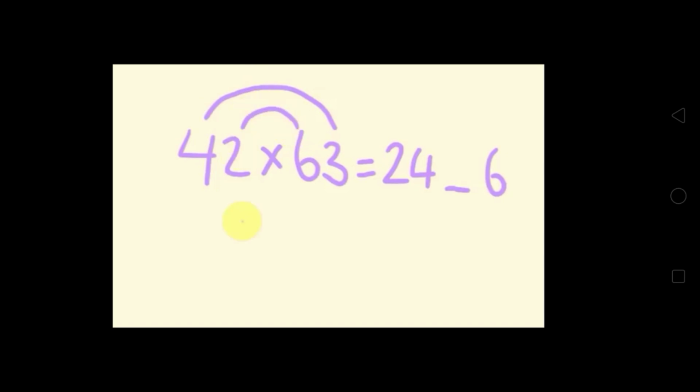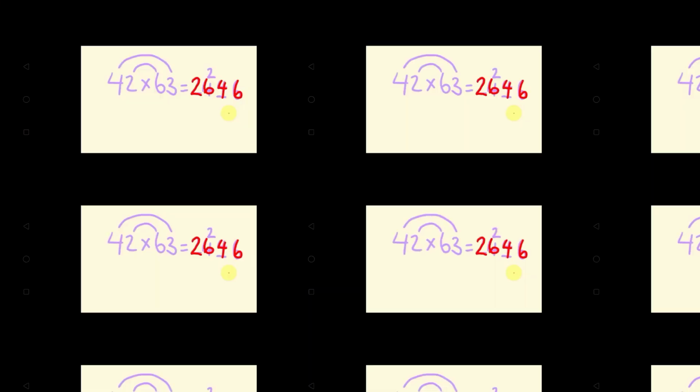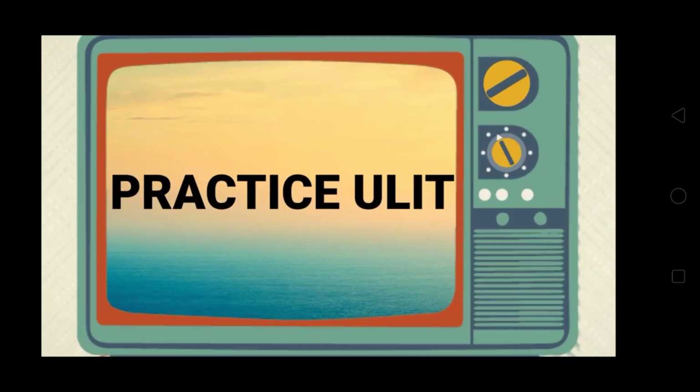Now, to get the inner digit, we multiply the outer. So, 4 times 3 is 12. And then 2 times 6 is also 12. And then add, you got 24. So, 4, carry 2. So, 24 plus 2 is 26. So, the product is 2,646.